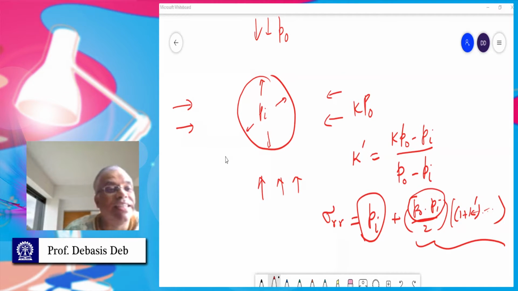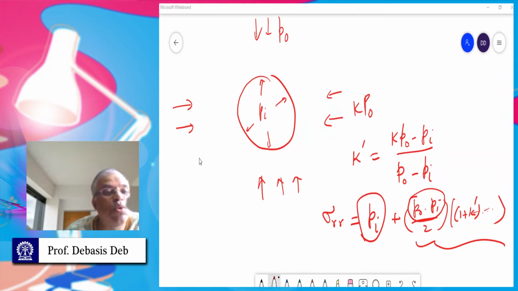You are seeing this Excel, right? Okay. So here K equals to 1 and you remember this red one was this 28 MPa. It came about 28 MPa. I just modified this one.